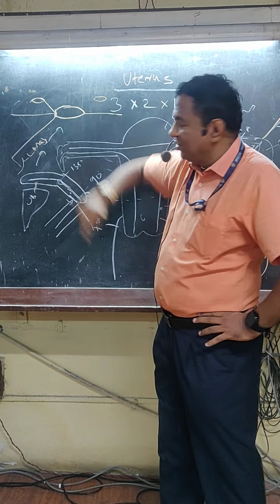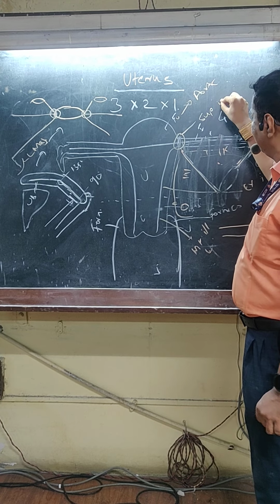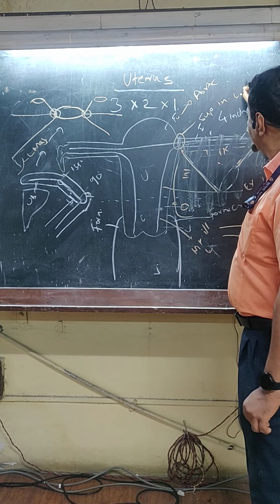Because of this, the lymphatic drainage passes along like this with superficial inguinal lymph nodes. The lymphatic drainage of the lateral angle of the uterus is into superficial inguinal lymph nodes.